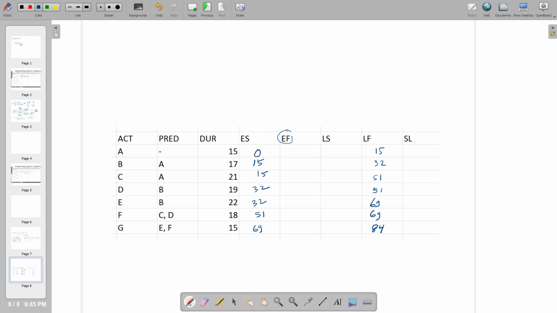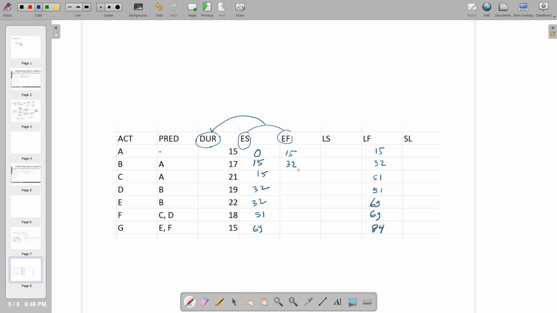Early start is associated with early finish, and those two are associated with the duration. So if your early start is 0, 0 plus 15 will be equal to 15. And then this one will be equal to 32, because 17 plus 15 will be 32. Correct?